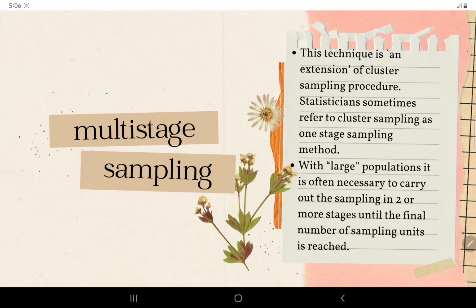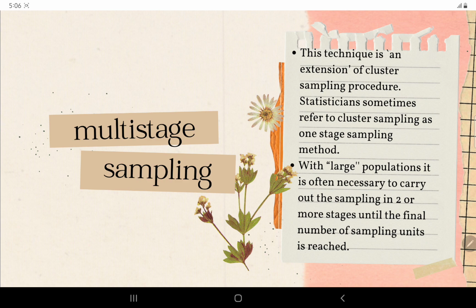Okay, the last one is multi-stage sampling. Okay, this method is designed to reduce time and cost when working with samples from very large population. Okay, let us assume that we need a random sample of 2,000 residents from Malaysia population. Contohnya residents of population Malaysia ni jadi kita punya population, and then we want to select sample of 2,000 people.